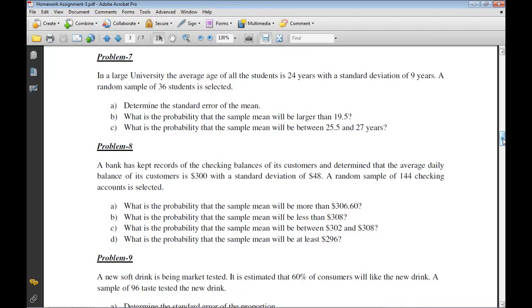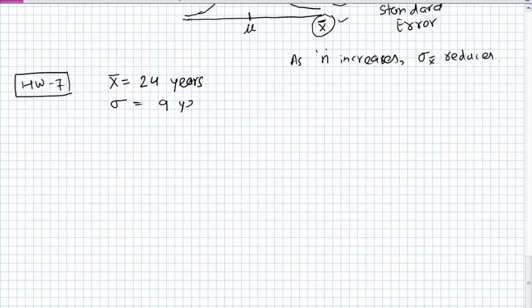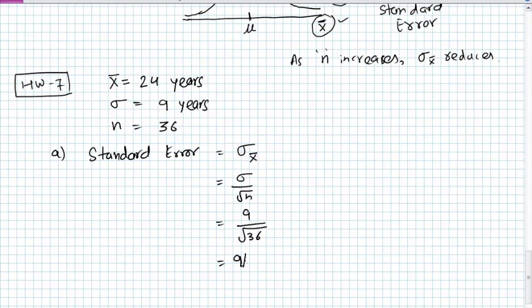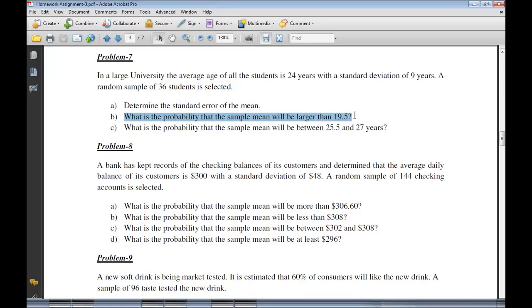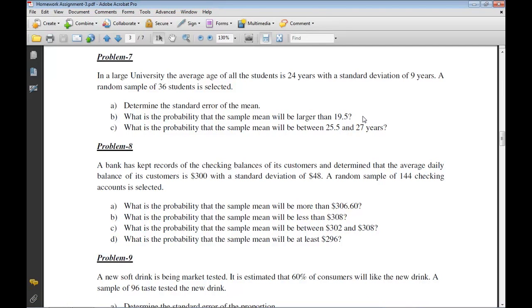In a large university, the average age of all students is 24, standard deviation 9, and a random sample of 36 is selected. Determine the standard error of the mean. What is the probability that the sample mean will be larger than 19.5?